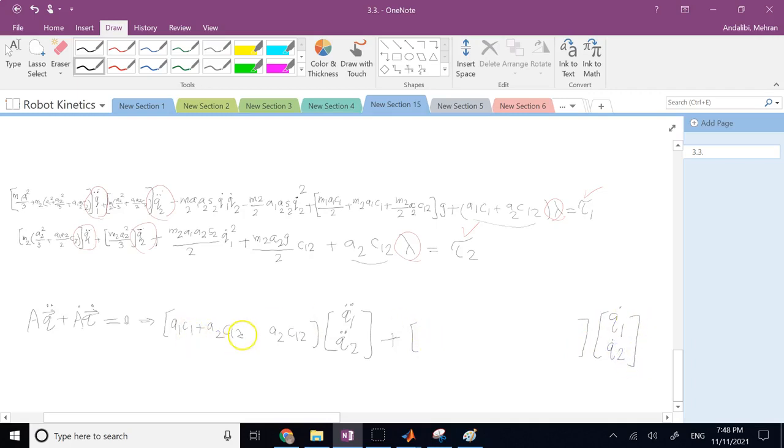So I have to take time derivative, so it's going to be negative a1 s1 q1 dot, negative a2 s12 times q1 dot plus q2 dot, then negative a2 s12 q1 dot plus q2 dot.